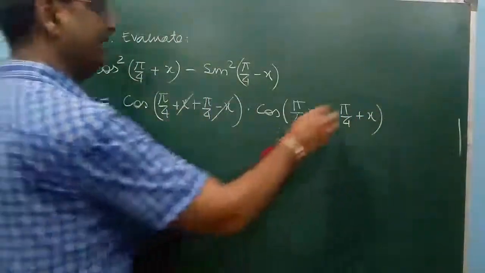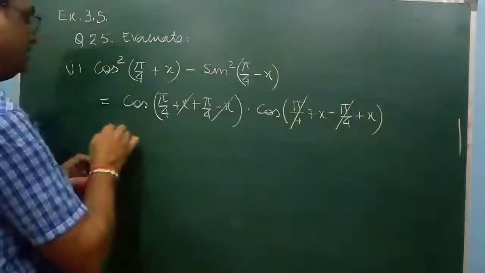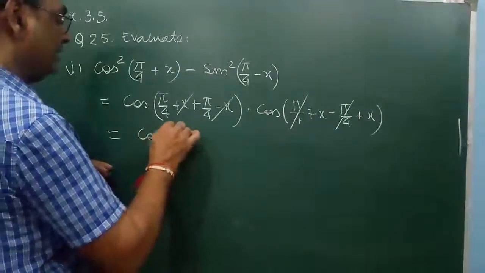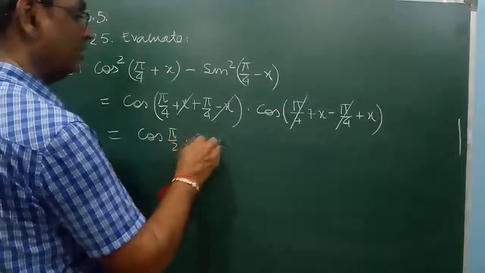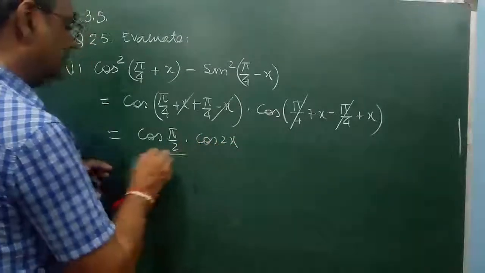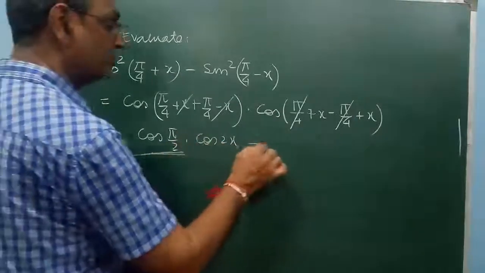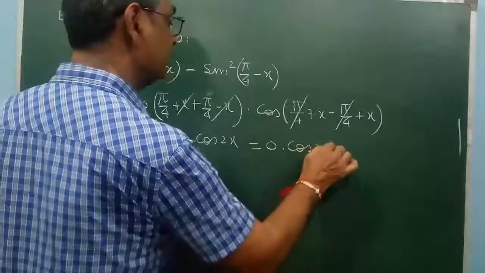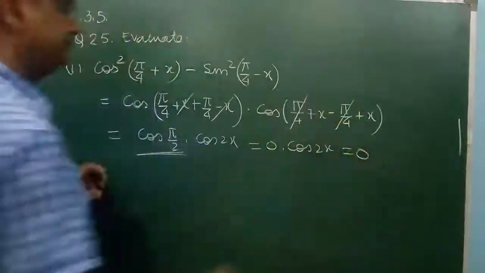This 2x will be getting cancelled, here pi by 4 will be getting cancelled, here it is cos pi by 2 into cos 2x, and cos pi by 2 is what? 0. So 0 into cos 2x, and this is equal to 0.